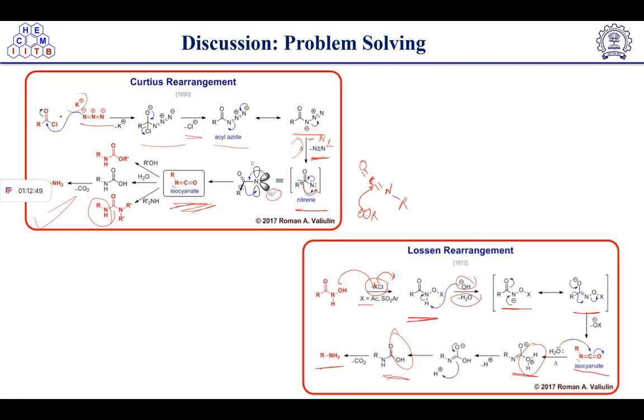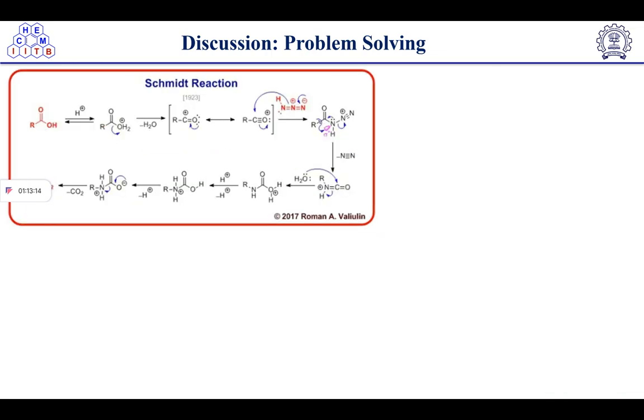So in both the cases, primary amine formation is taking place via the same intermediate, isocyanate, but the starting material is different in both the cases. Okay, the starting material is different. One is going via azide formation, and the other one is in basic condition with different groups.